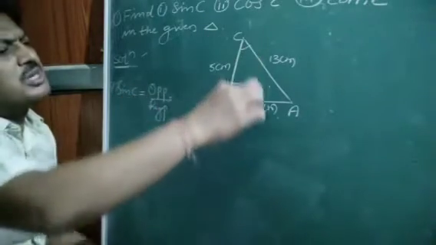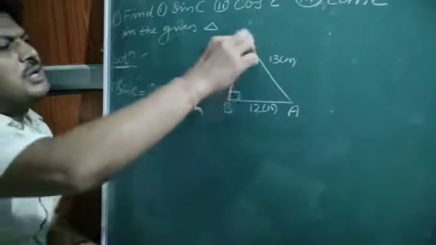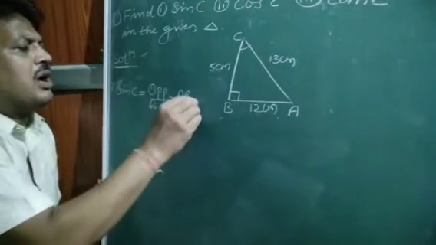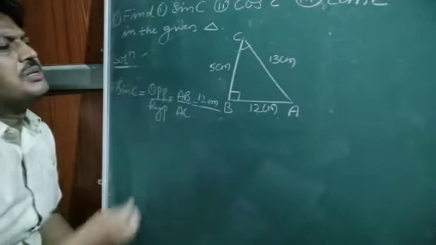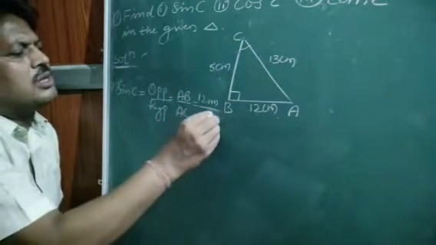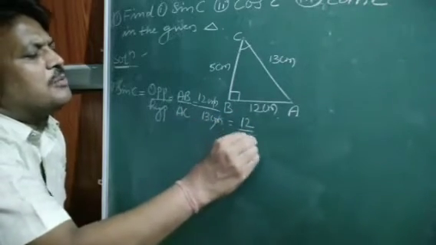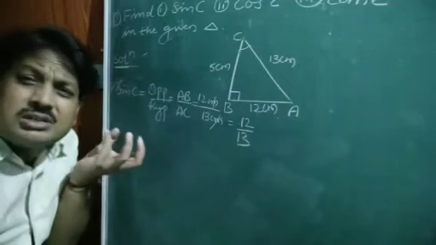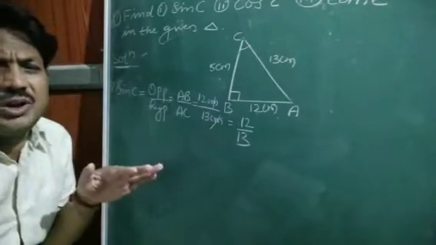Opposite here with respect to C is AB, upon hypotenuse AC, and that is equal to opposite how much? 12 centimeter upon hypotenuse 13 centimeter. Centimeter cancel. 12 upon 13. Because it is in trigonometric ratios, it does not have any unit children.